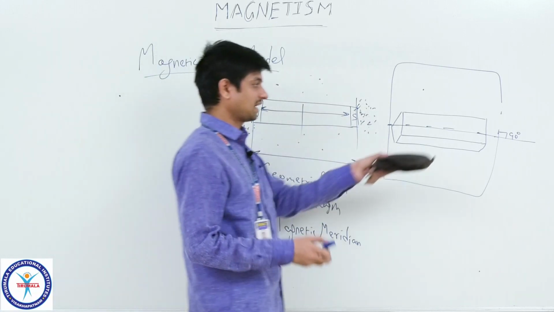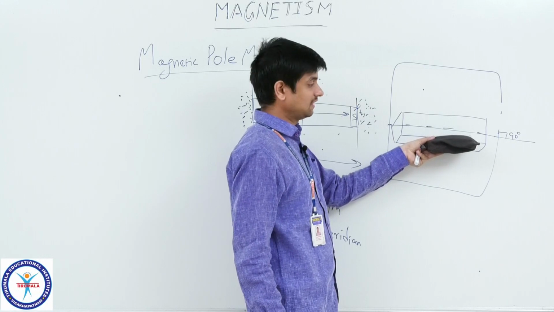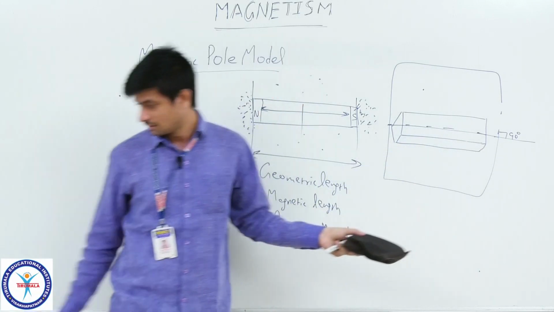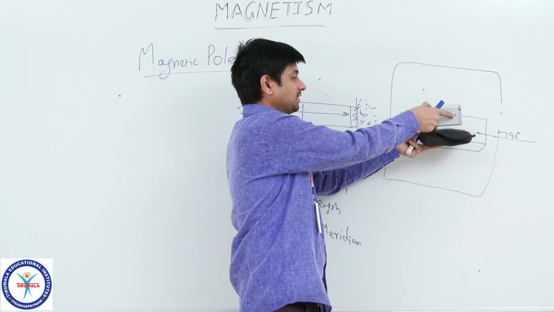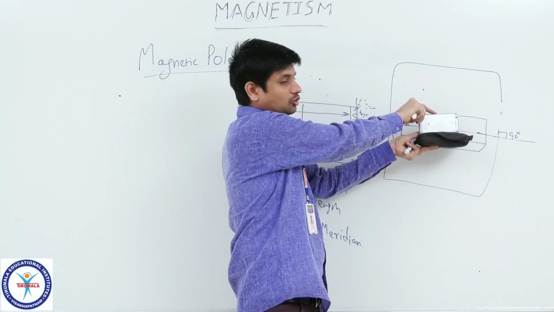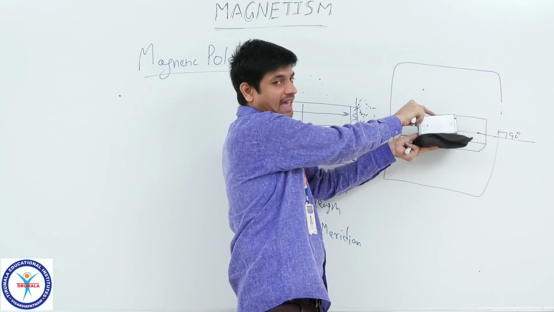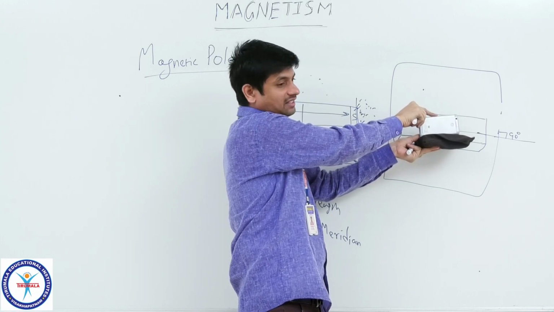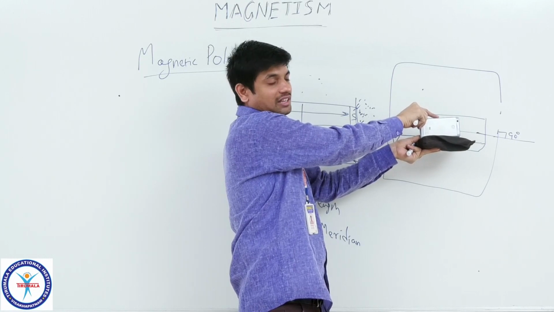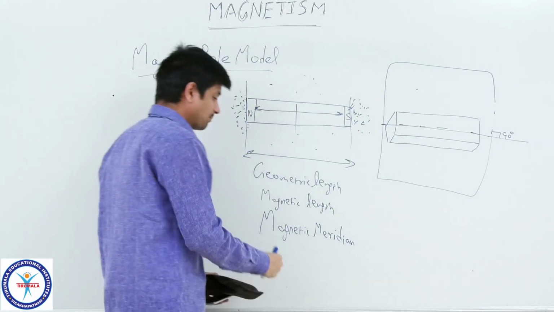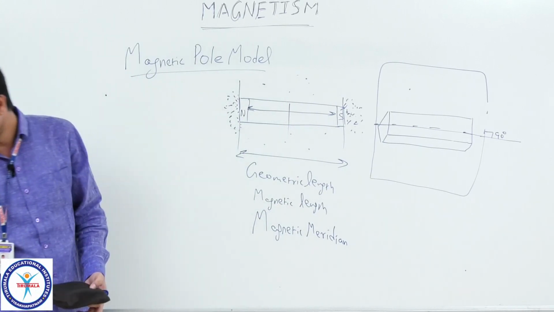If this is the bar magnet, the plane will be like this. Here I am showing you two items. The duster will act as a bar magnet, and this one acts as the vertical plane. That plane is called magnetic meridian.